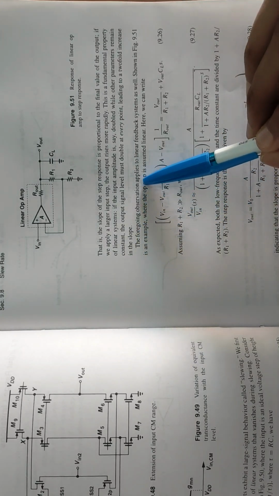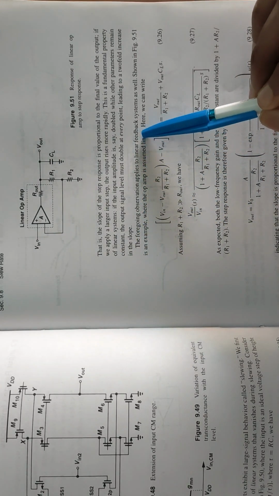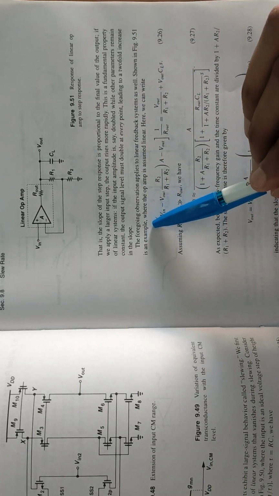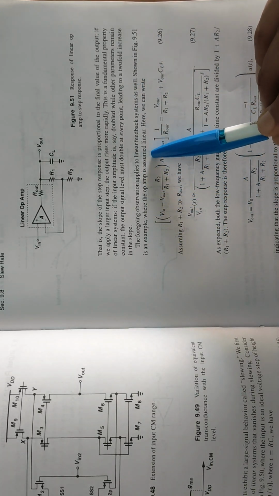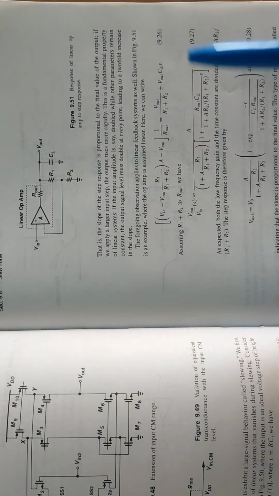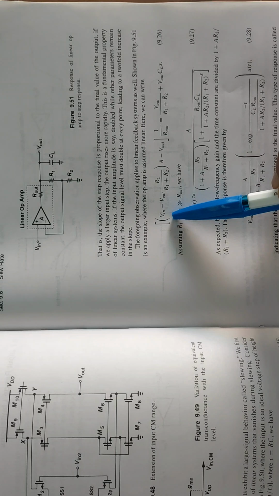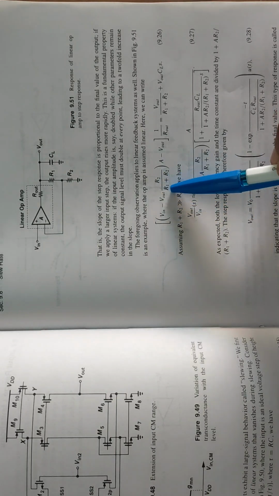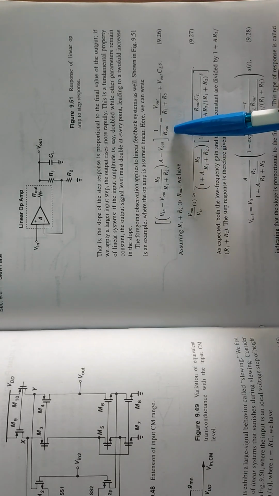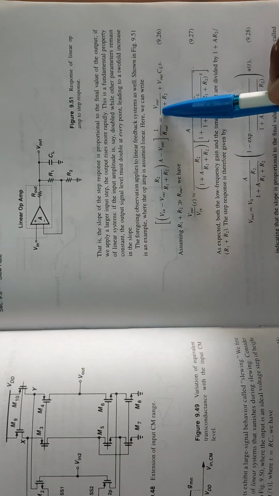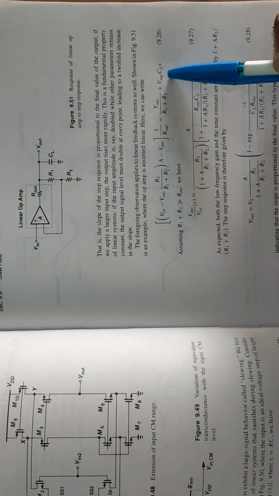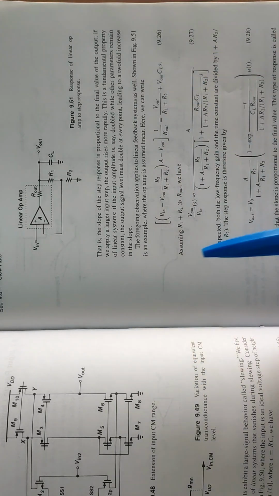The foregoing observation applies to linear feedback systems as well, as shown in the figure. In an example where the op-amp is assumed linear, we can write (Vin minus Vout) R2 by (R1 plus R2) times A, minus Vout by Rout, equals Vout by (R1 plus R2) plus Vout s CL.